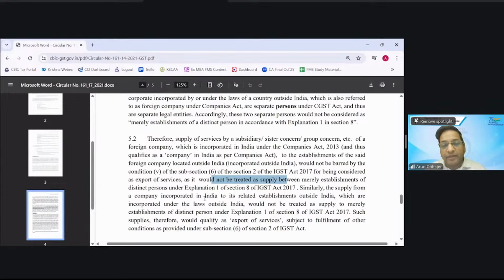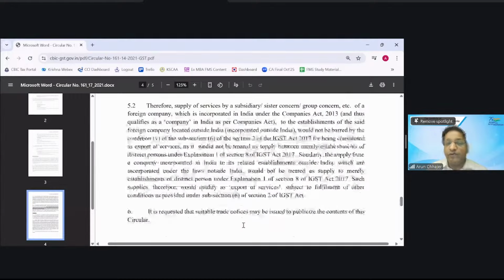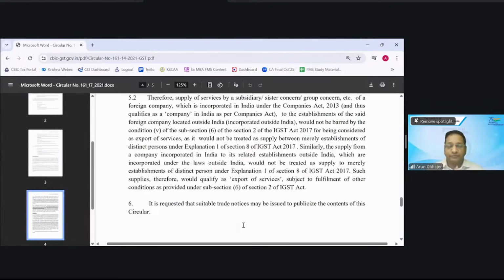Similarly, the supply from the company incorporated in India to its related establishment outside India, which are incorporated under the law outside India, would also not be treated as supply to merely establishment of distinct person. Such supply, therefore, would qualify as export of the service. So I hope now it is completely clear to all of us.